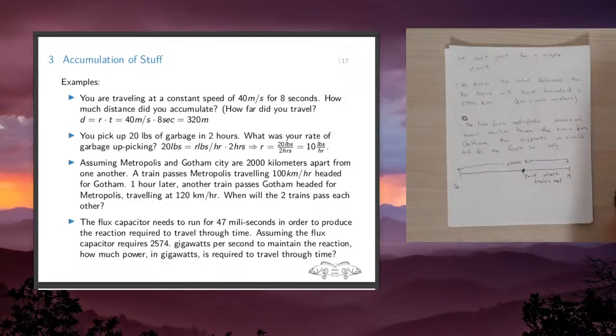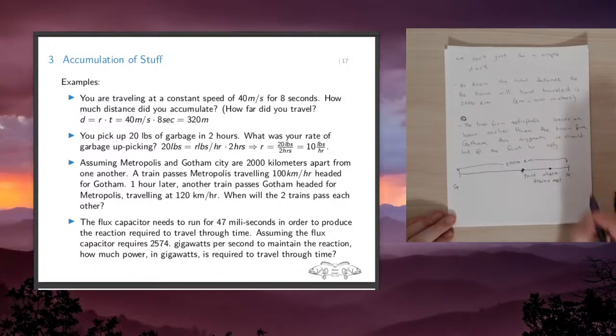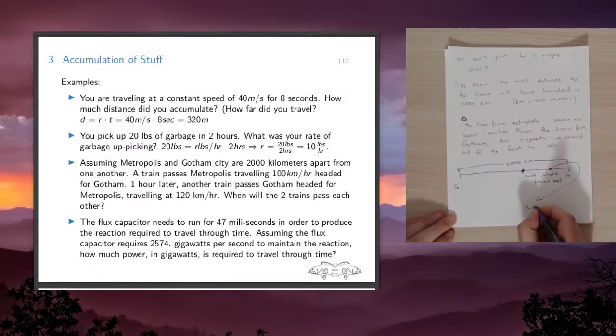And then at some point even further over, say somewhere over here, because again the Metropolis train leaves an hour earlier, let's call this the purple point. This is the point at which the Gotham train heads towards Metropolis.